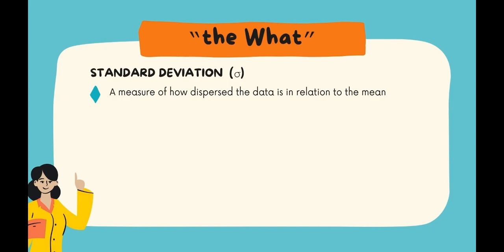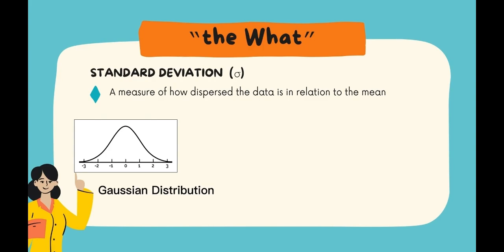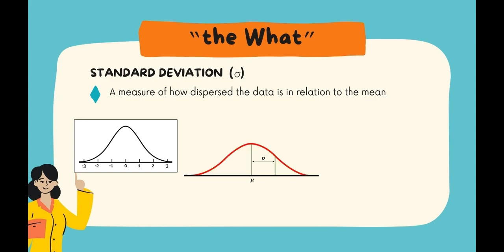This is the normal distribution of data, or the Gaussian distribution. If we have a high or large standard deviation, it indicates that the data are more spread out. And if we have a low or small standard deviation, it indicates that the data are clustered tightly around the mean. This is how standard deviation affects the normal distribution.